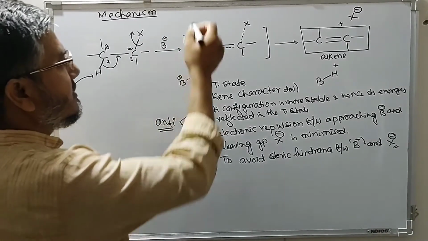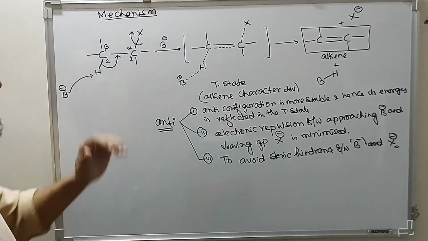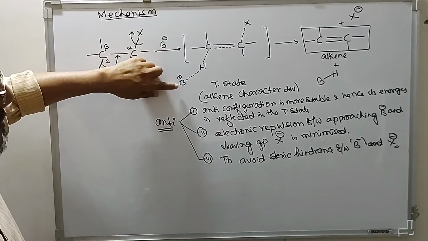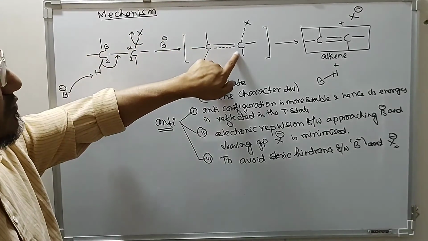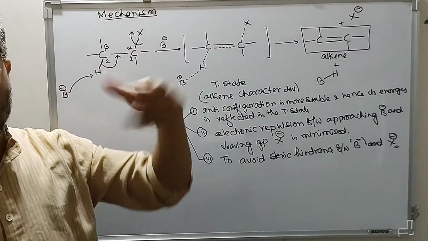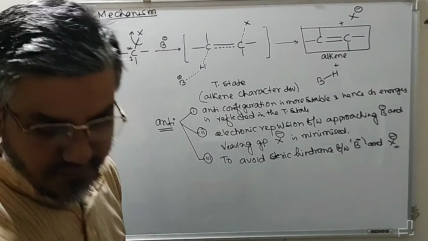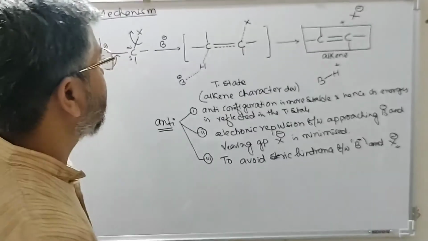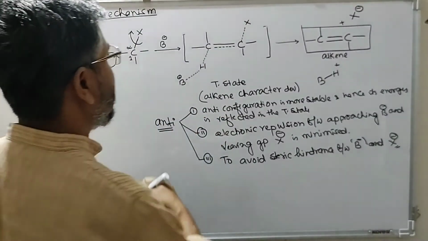Now next one, look at this transition state. In this transition state, 5 groups, that is base, beta hydrogen, beta carbon, alpha carbon and X, all these 5 groups should be in the same plane, that is anti-periplanar configuration.